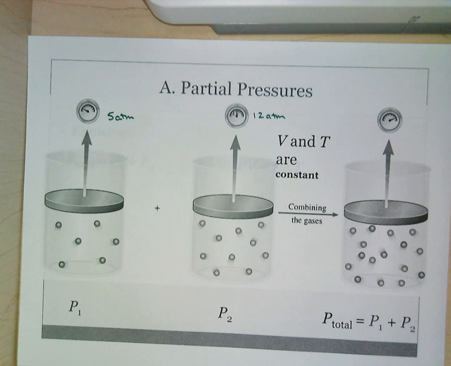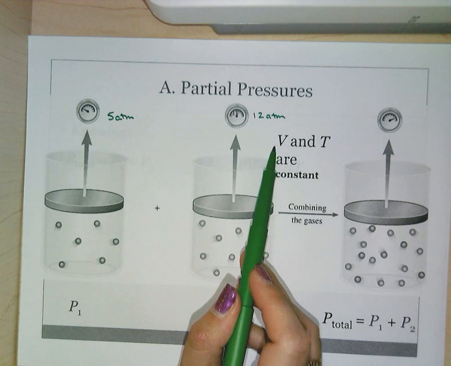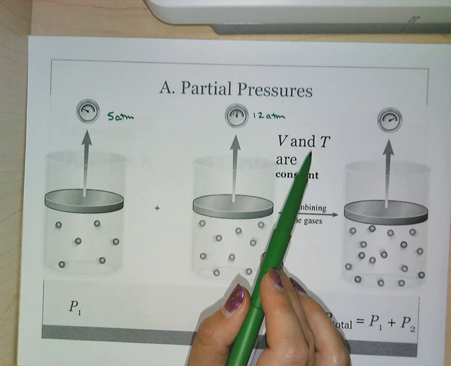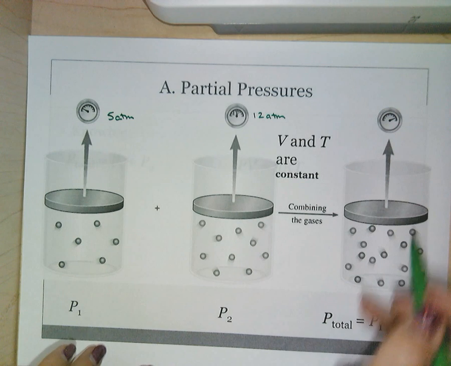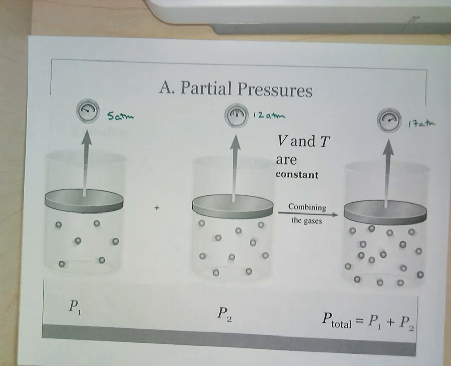If I were able to squish those 2 containers together, or dump all the molecules into one container, assuming that the container didn't change, and I didn't do anything crazy to the room temperature, this new pressure would be the 2 pressures added together. That should intuitively make sense, right? Pressure 1 plus pressure 2 equals total pressure.